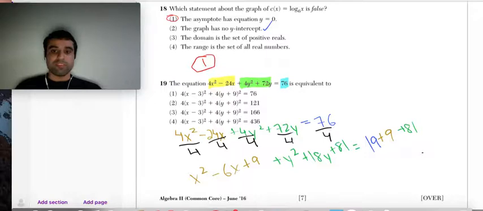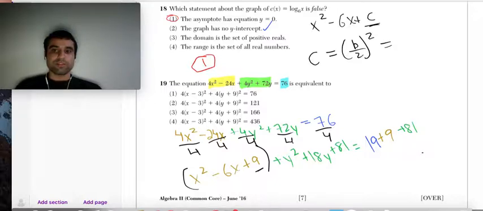What I did was basically to get that value, this 9. We want to get a perfect square trinomial. So if I have x squared minus 6x, I want to find the value that makes this a perfect square trinomial. C is always equal to the b value over 2, squared. B is equal to negative 6.